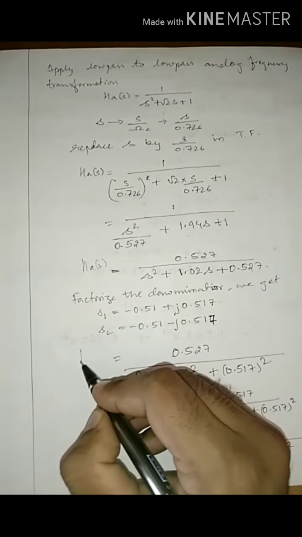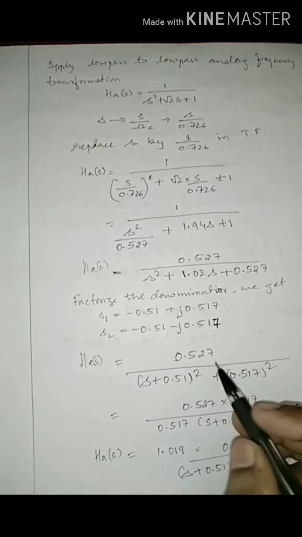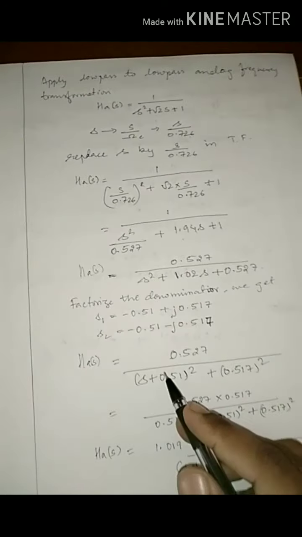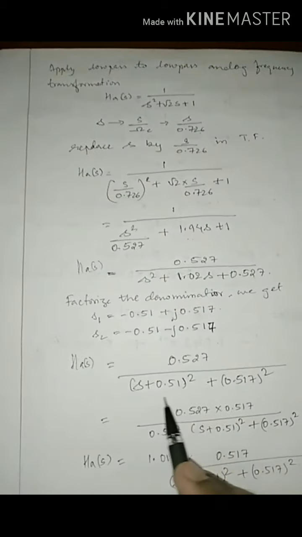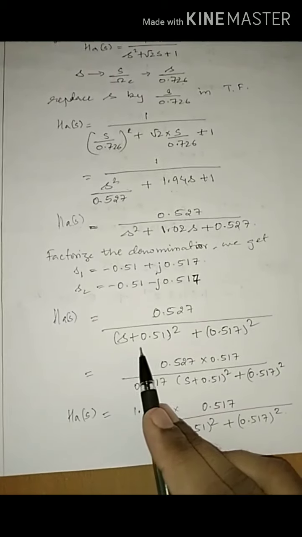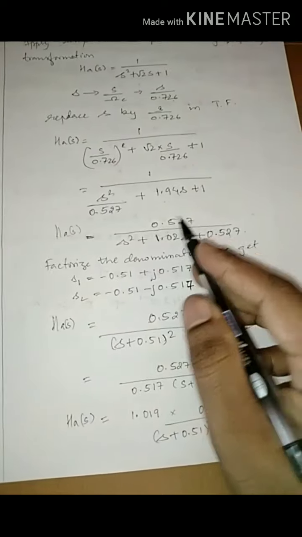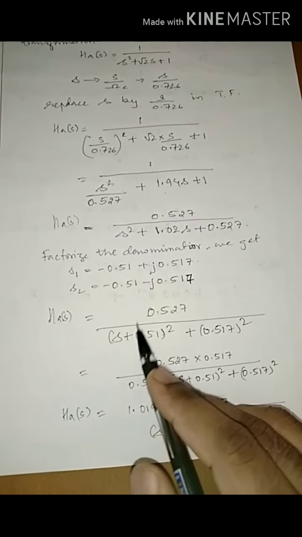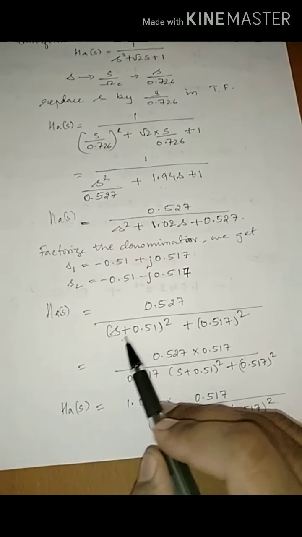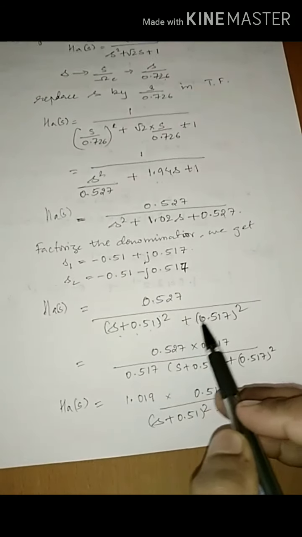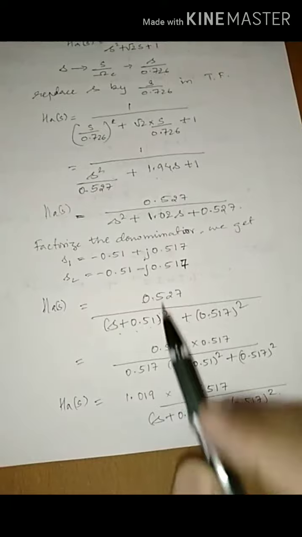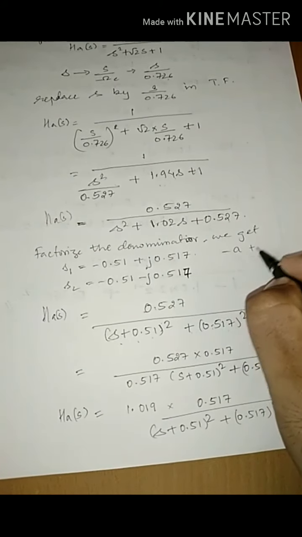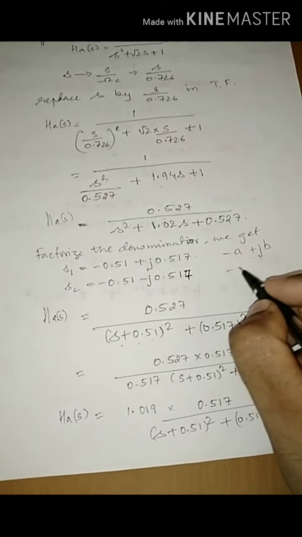Now the numerator expression is same as the above transfer function. The denominator can be written as (s plus 0.51) the whole square plus 0.517 the whole square. So this is nothing but minus a plus jb, and this is minus a minus jb.